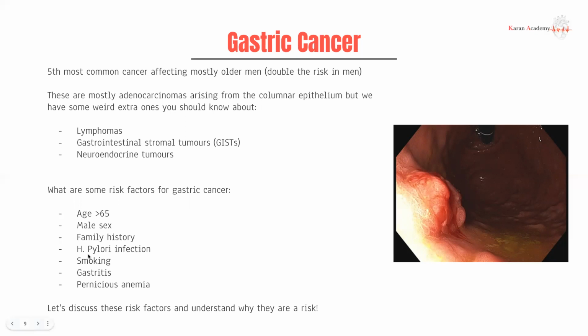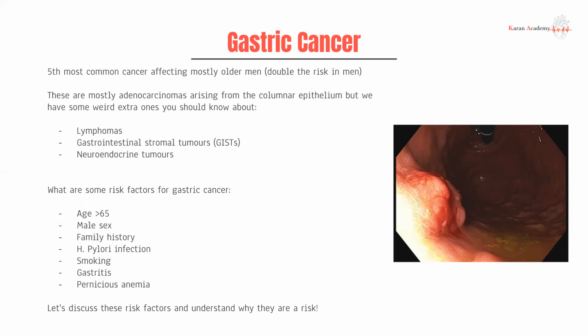With H. pylori infections, you have long-term periods of inflammation because of the infection. So step one, you have an infection that causes inflammation. Step two, H. pylori specifically can cause gastritis and peptic ulcers, and those further have high levels of inflammation. Then you can have gastritis for a bunch of reasons.